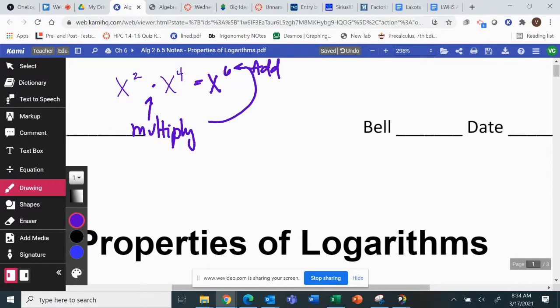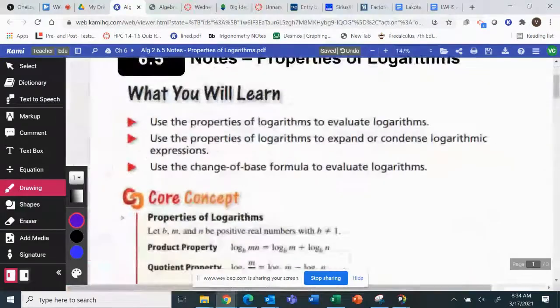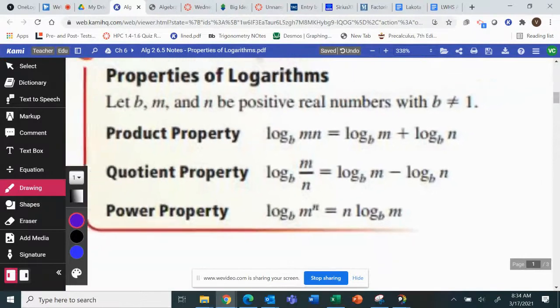There is a logarithm property because logarithms are the inverse of exponential. There's a logarithm property that is similar to that exponential property. It is called the product property.